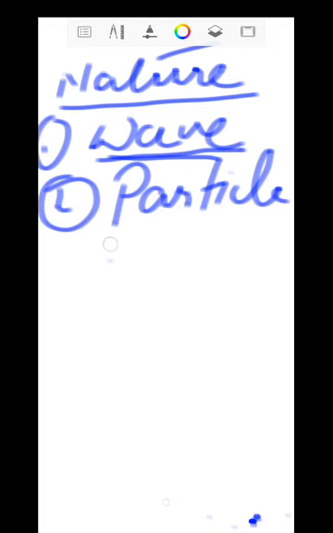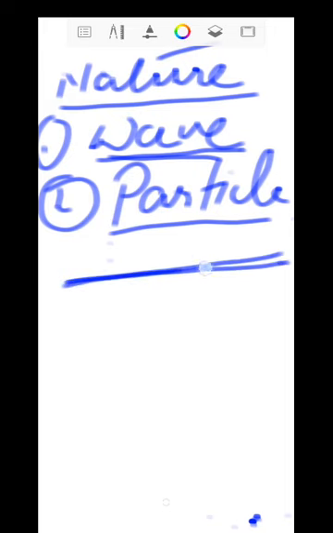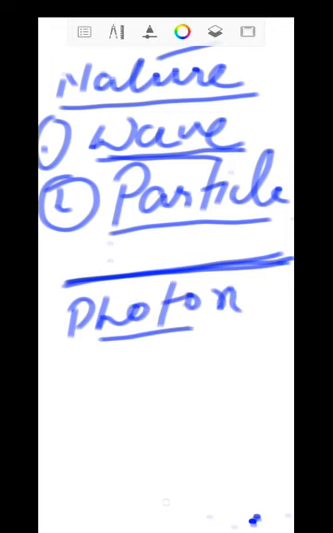And according to the particle theory, light is composed of specific particles which travel in a straight line. These particles are called photons.